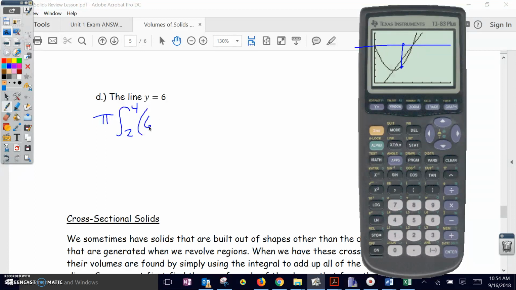So it's going to be line minus parabola. And then the inner radius is going to be the distance from the axis of rotation to the line, which is 2x minus 2.